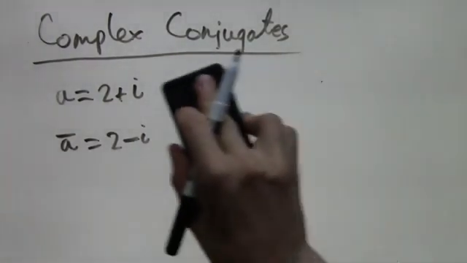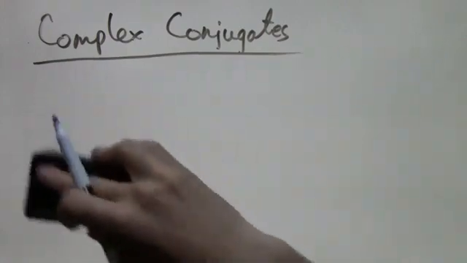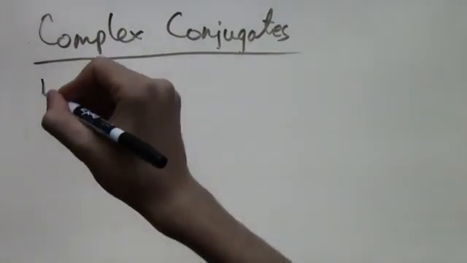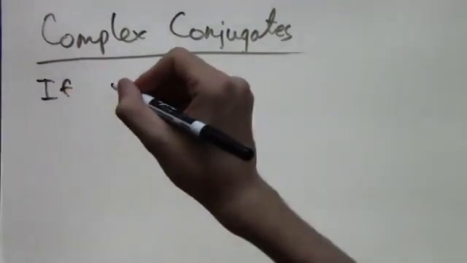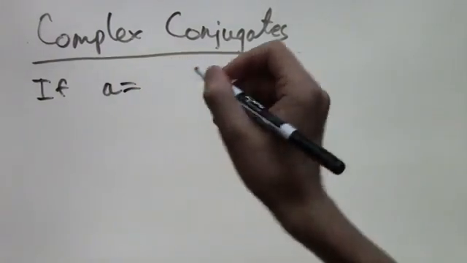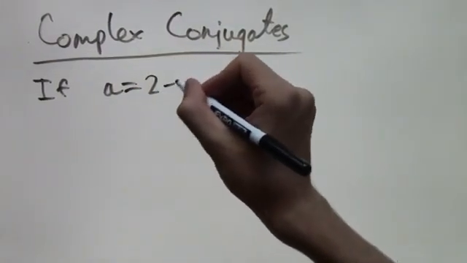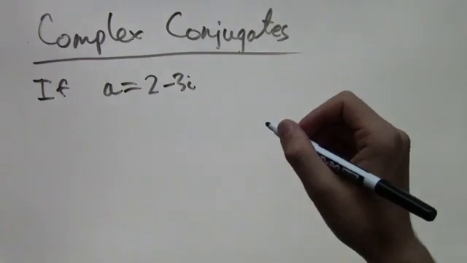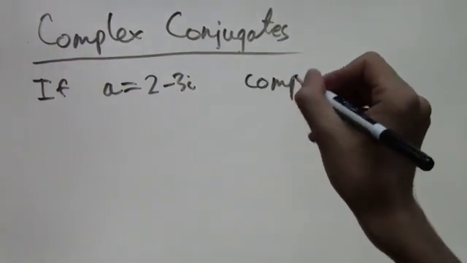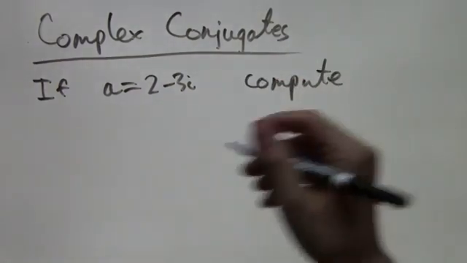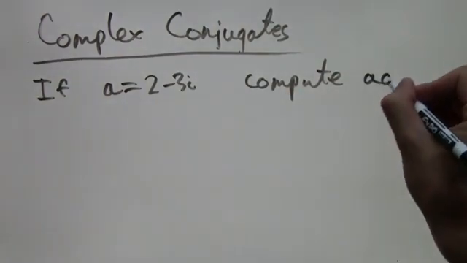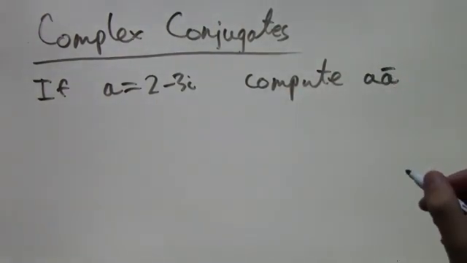Now, one of the most interesting things about complex conjugates is multiplying them. So for example, if you start with, let's say, A equals 2 minus 3I, just some complex number, and you want to compute, this is a problem, you have to solve it. You want to compute A times A bar.